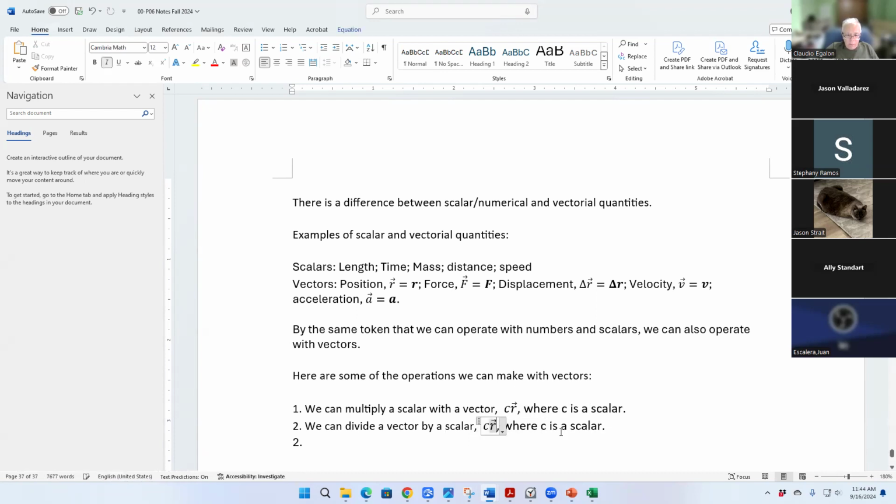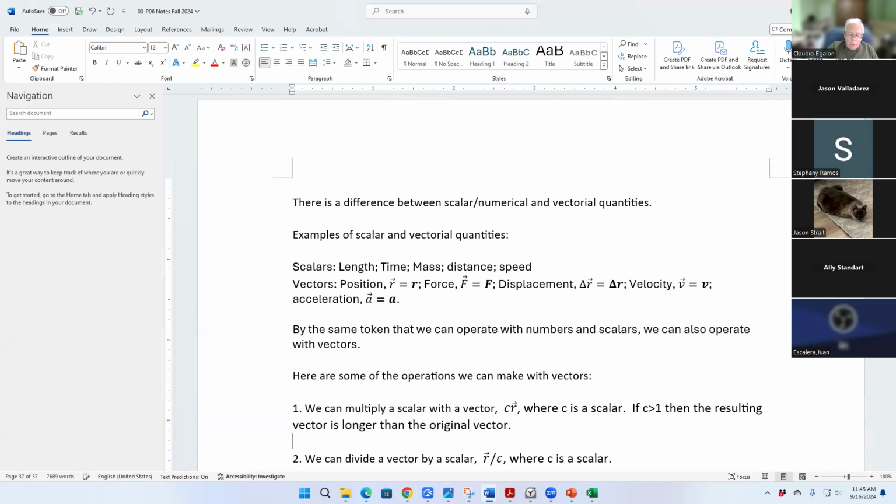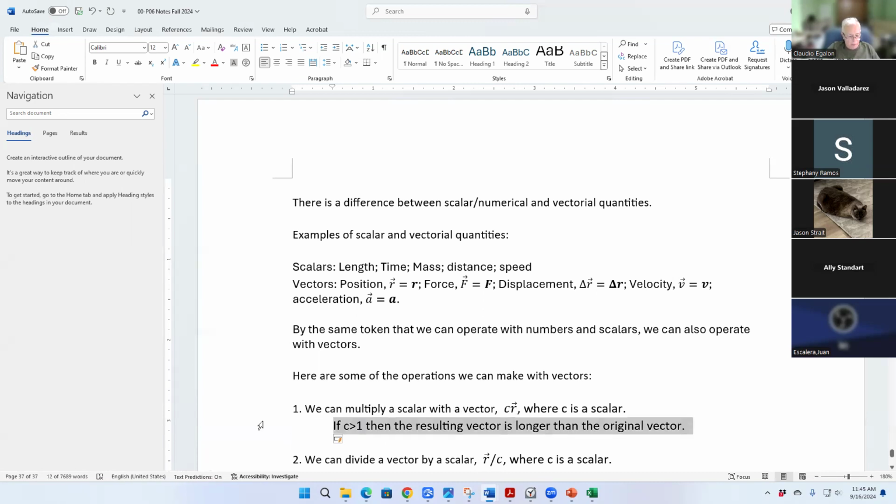So let's say R divided by C, right? Where C is a scalar. Here you go. If C is greater than 1, then the resulting vector is longer than the original vector. Okay, like that. If C greater than 1.